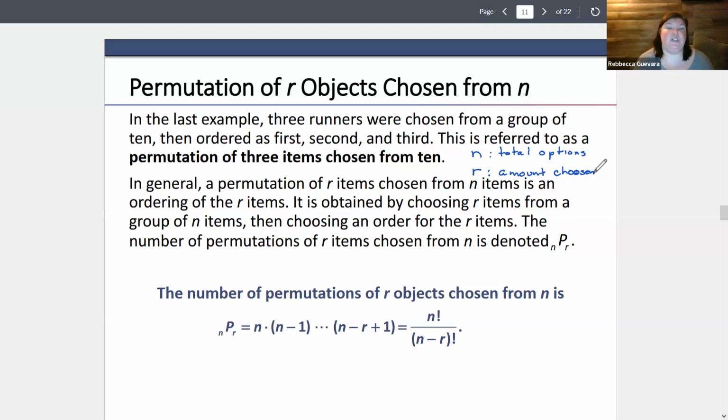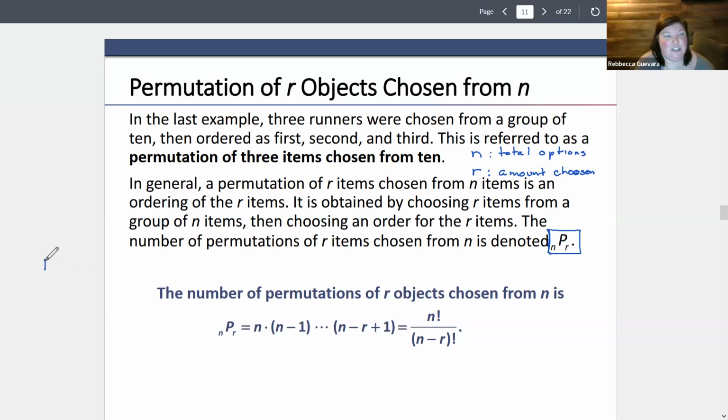In general, a permutation of R items chosen from N items is an ordering of R items. In the last case, we were picking 3 items, so we ordered 3 items. It is obtained by using R items from a group of N items, then choosing an order. The number of permutations of R items chosen from N is noted as NPR.